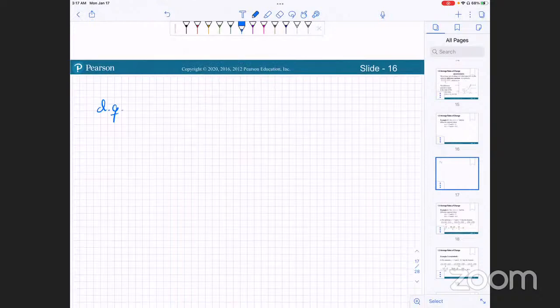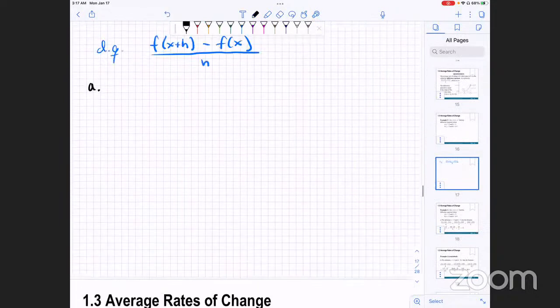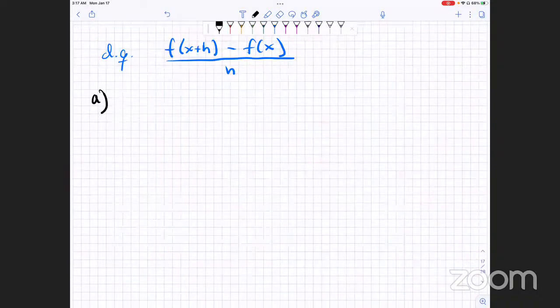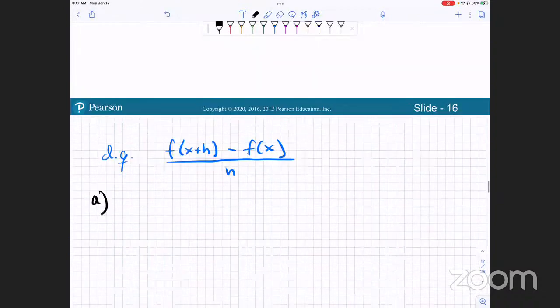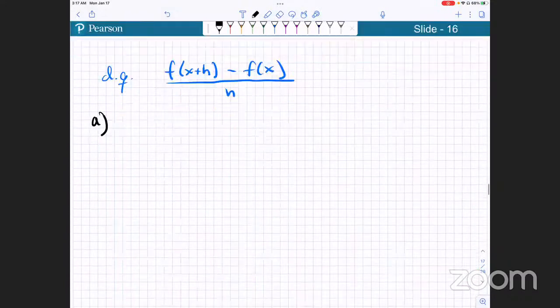The difference quotient is f of x plus h minus f of x all over h. So then for part A, x is 5 and h is 3.